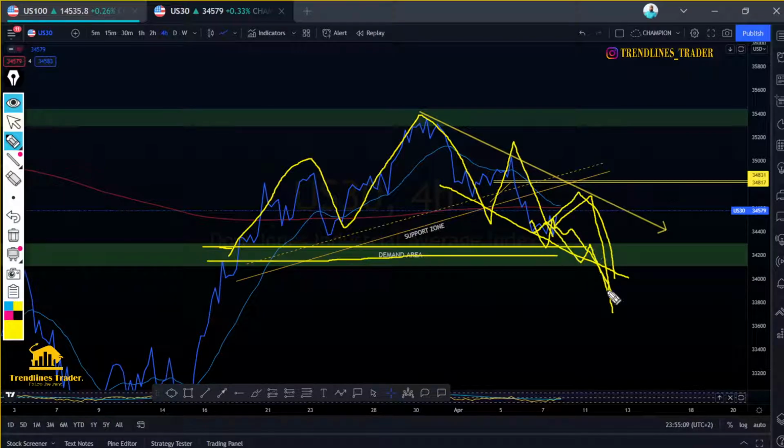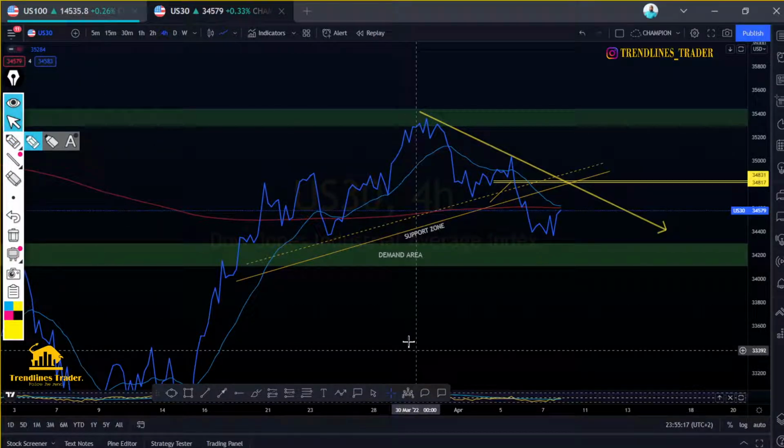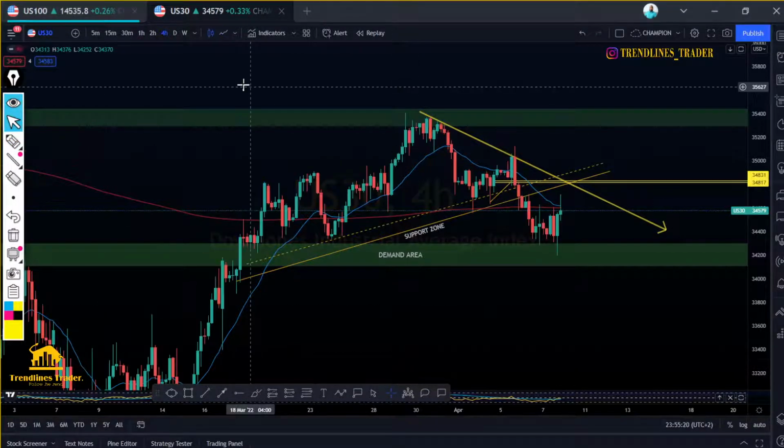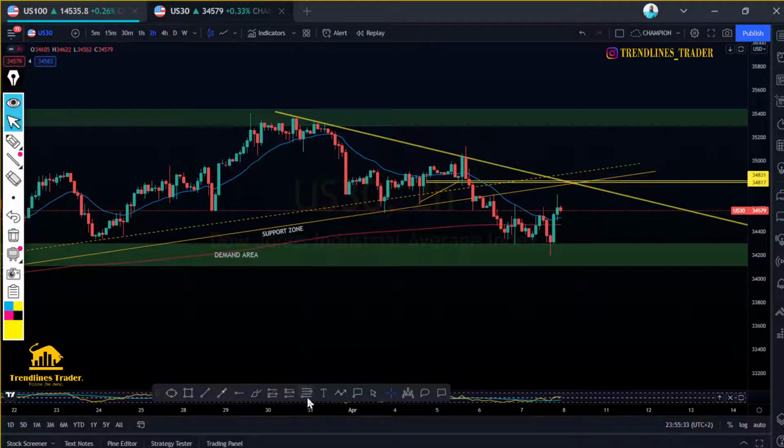If it breaks this area, we will be saying that it's a confirmation of a long-running lower trend, bearish trend. I hope that will make sense. But let's go to the lower time frame and see whether the price is pushing towards the downside or towards the upside, or what to expect on Friday the 8th of April.